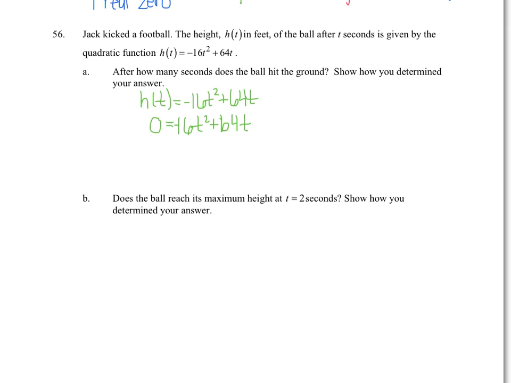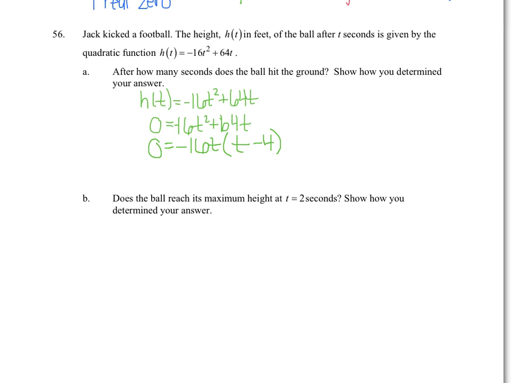So what this is going to give me is 0 equals, I'm going to factor out a GCF of negative 16t, and in my parentheses I'm going to put the remainder. Negative 16t squared, essentially divided by negative 16t, is t, and 64t divided by negative 16t is negative 4.